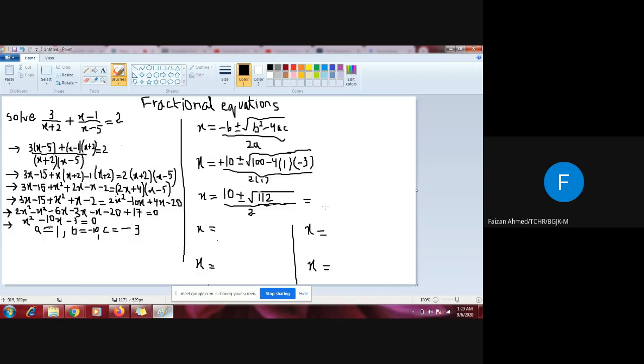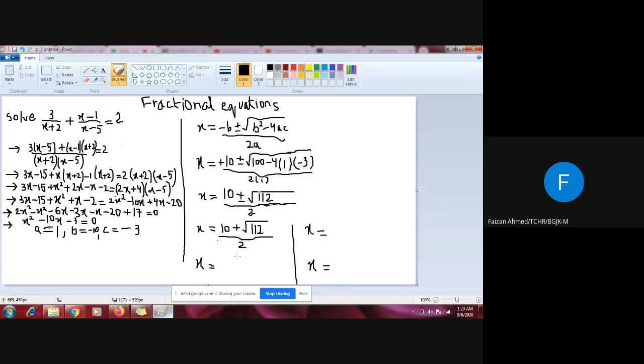So now I have two possibilities again. The first one is I will be going with the positive 10 plus square root of 112, that will be close to 10, and then there will be a 2.